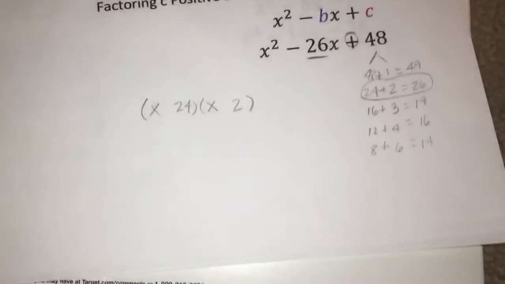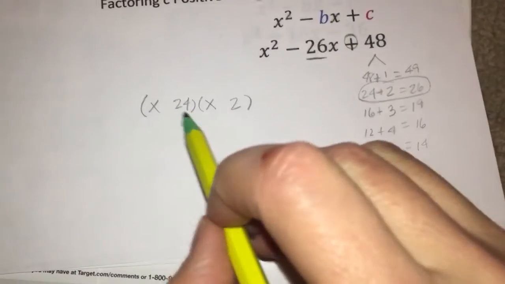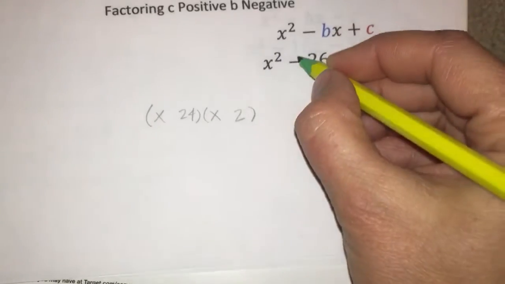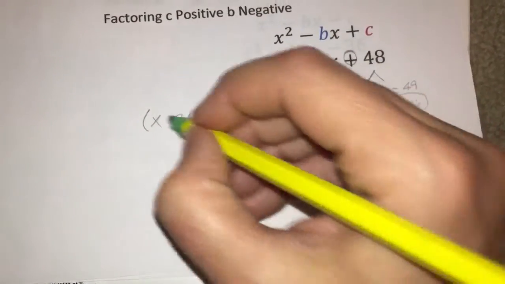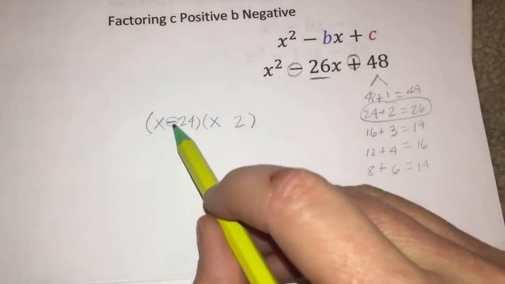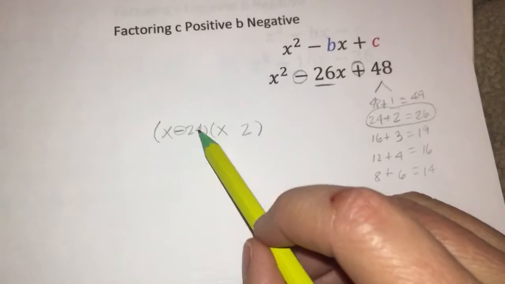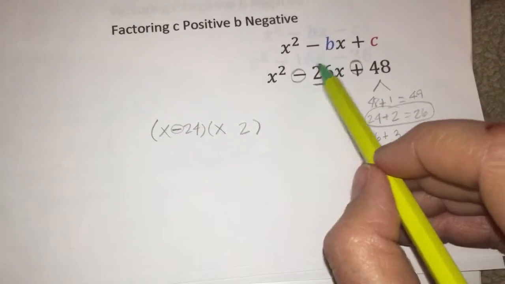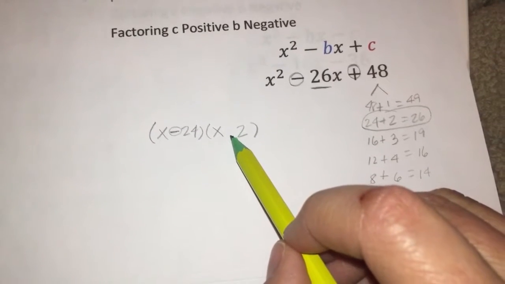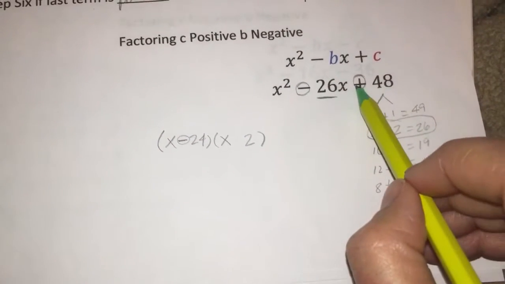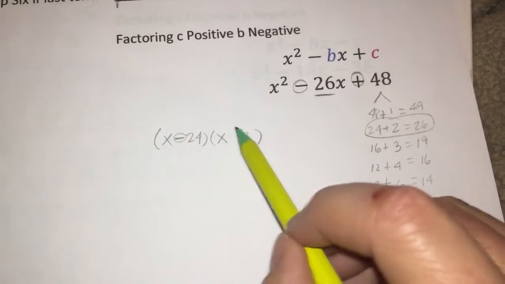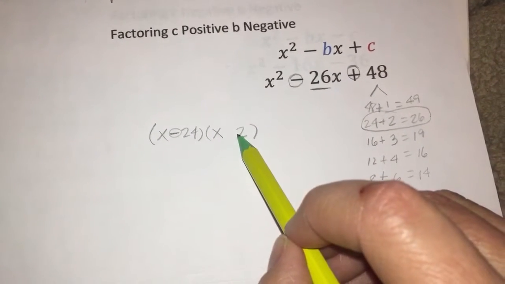And there's two approaches you can use for this. The first one is: whatever the sign of the B term is, in this case negative, your largest factor will always have that sign. So our largest factor is 24. 24 will be negative. In determining the second factor, if the last term, the C term, is positive, these two signs will be the same.